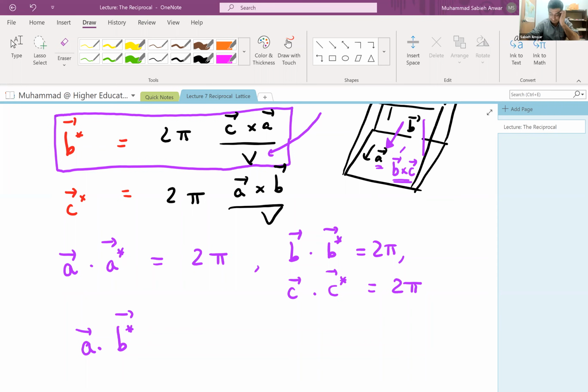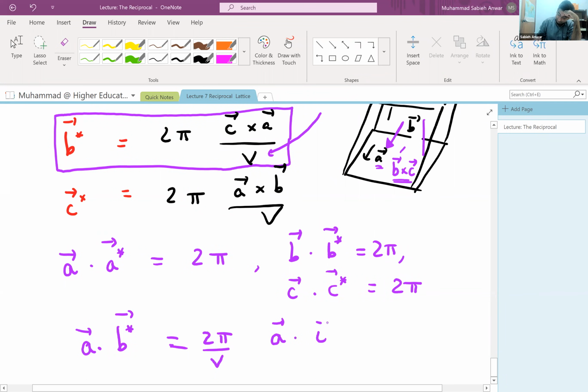What is the answer for this vector expression? Come on.